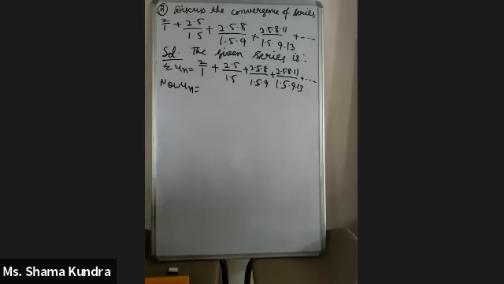See, in numerator, clearly first term is 2 in each term. So in un, first term of numerator is 2. Next term is 5.